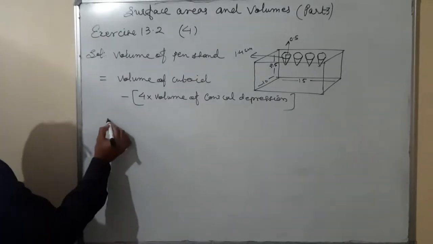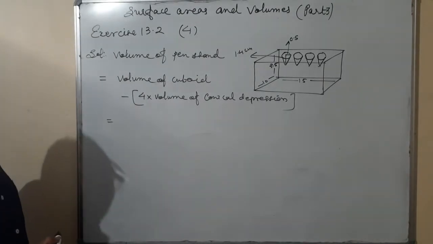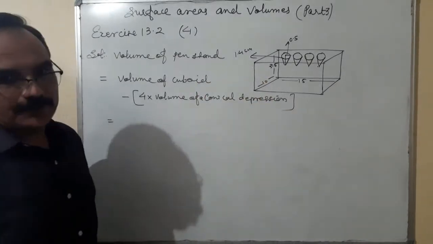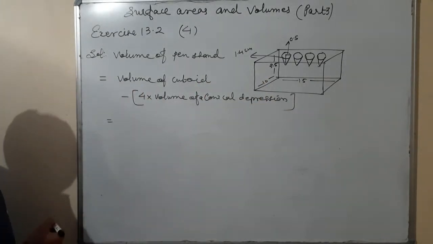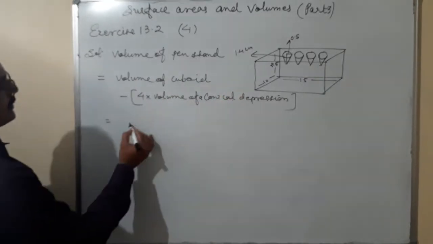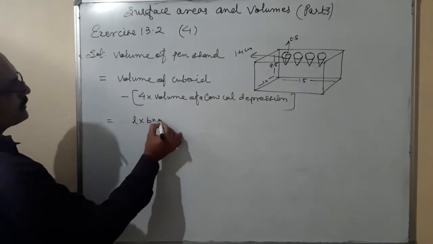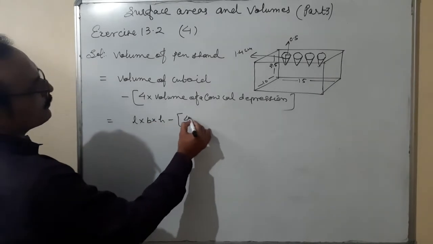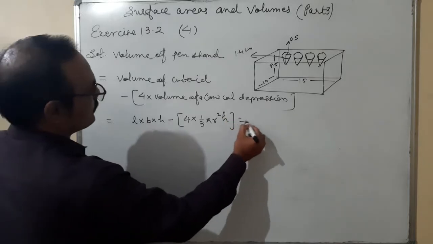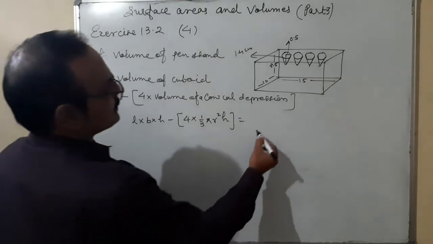Volume of cuboid is length into breadth into height, simply L into B into H, minus 4 multiplied by 1 upon 3 pi r square H. This is the formula.